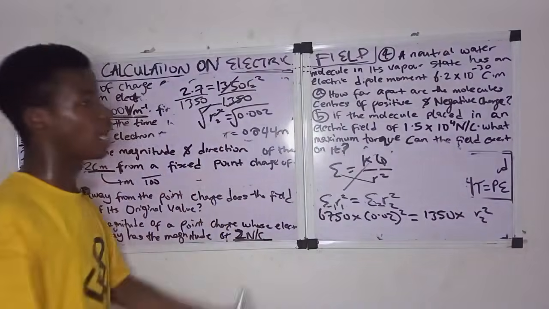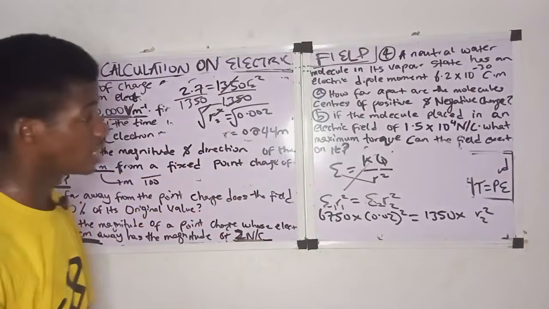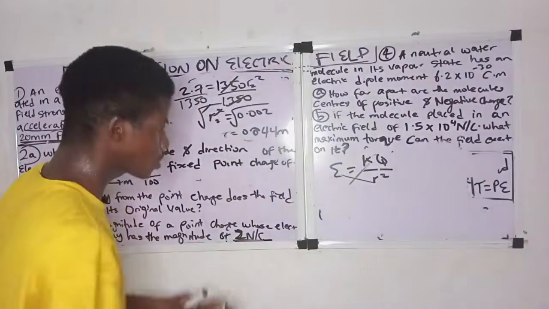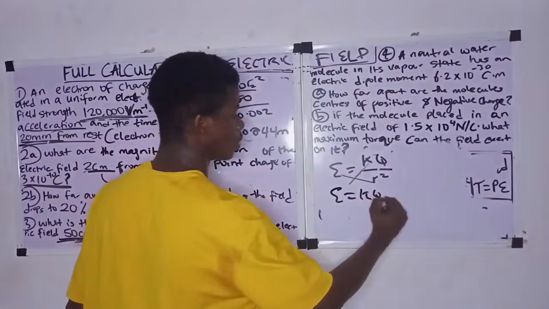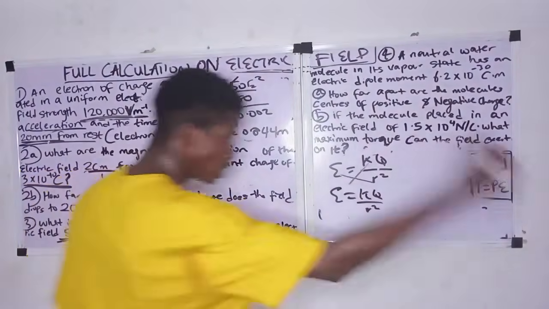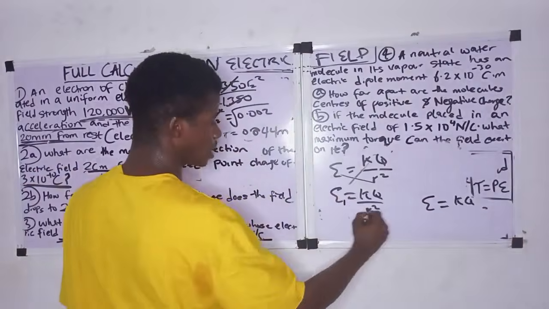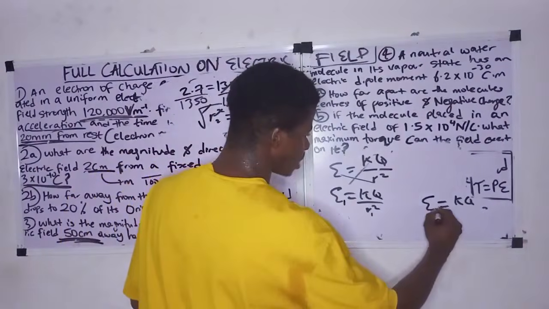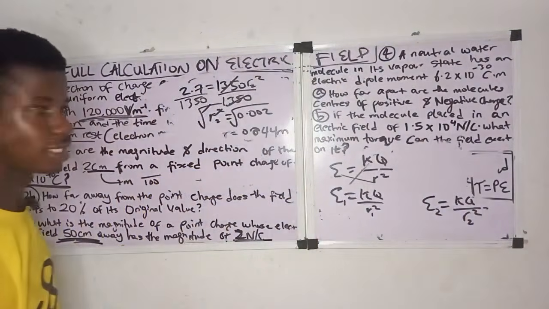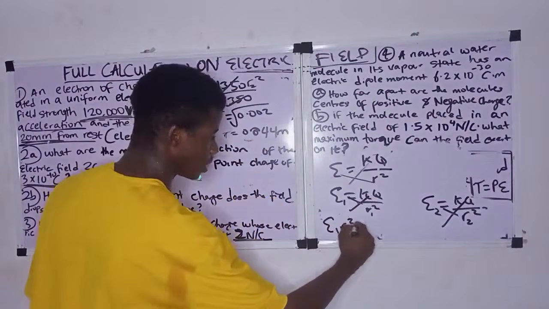I told you guys earlier that we can still use this one straight. Let's use it straight, for example. Since we know that E is equal to KQ over r squared, we can say this one is E1 r1 and the other is E2 r2 squared. If we cross multiply, you find out that E1 r1 squared is equal to K times the charge.